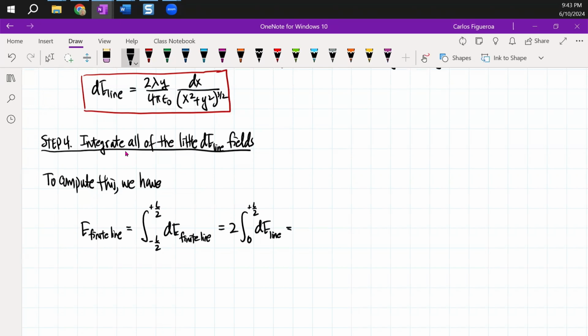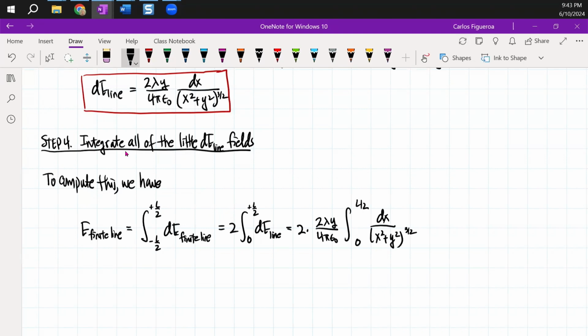So I can pull out that constant, which is then going to be 2 lambda y divided by 4 pi epsilon naught. And then I'm really integrating this guy from 0 to L over 2 of x squared plus y squared to the 3 halves. And this will then be dx.